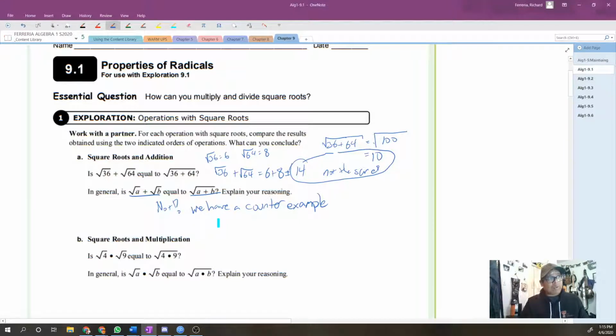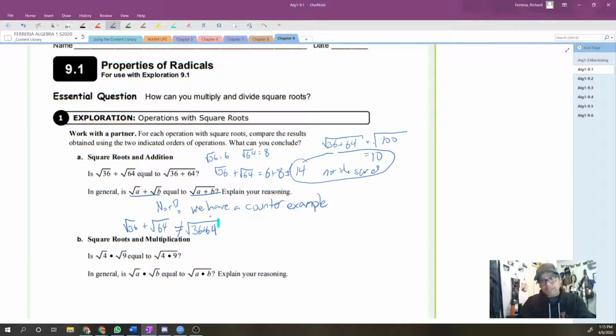So in ours, if we used radical 36 plus radical 64, we found that that is not equal to radical 100, or radical 36 plus 64. So it's our counterexample.